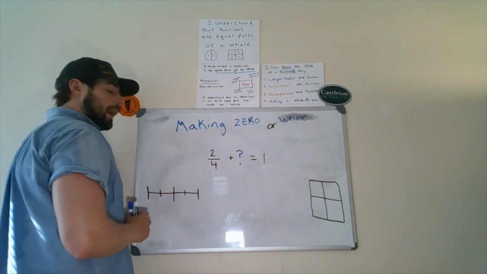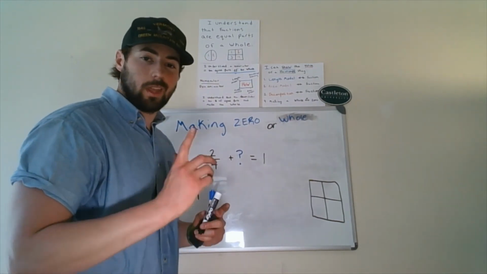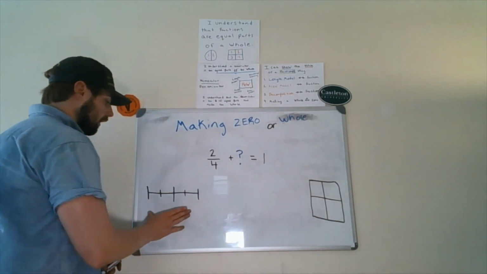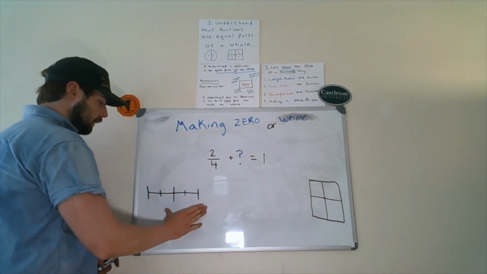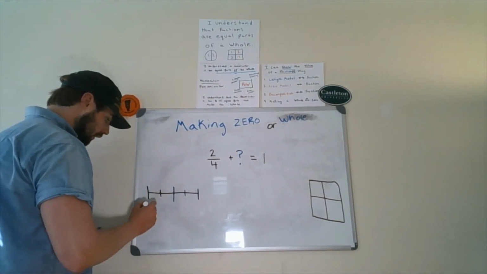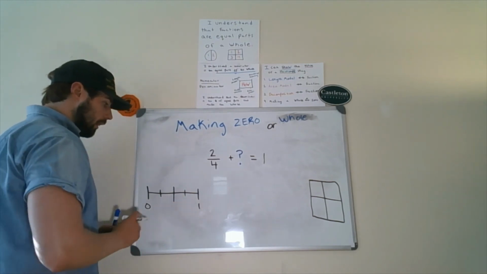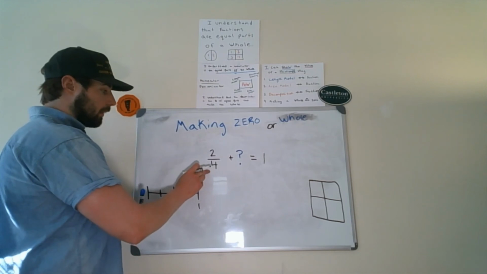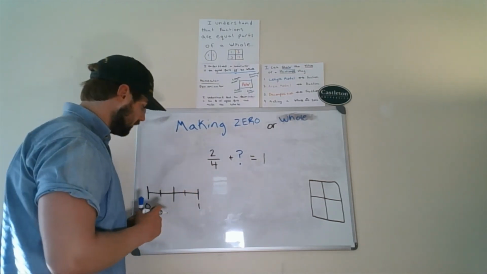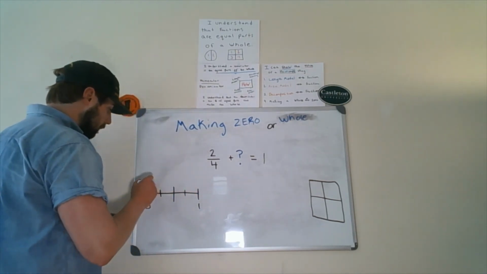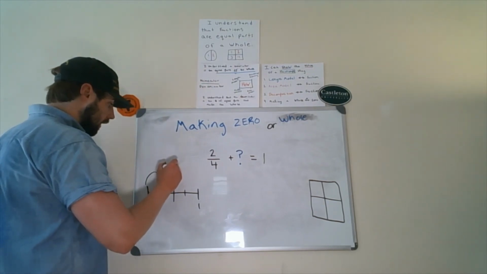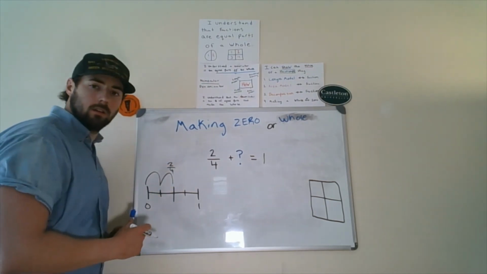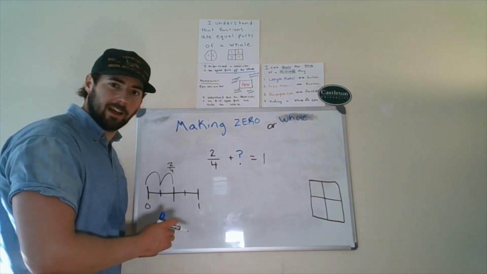Well, I know the fraction always has to start with that whole, which we're trying to make anyways. Taking a look at my length model, I have this length model partitioned into 1, 2, 3, 4 equal parts because I know I'm working with fourths. 2/4 would be 1, 2. Right here would be 2/4. Wow, 2/4? That looks like a half.